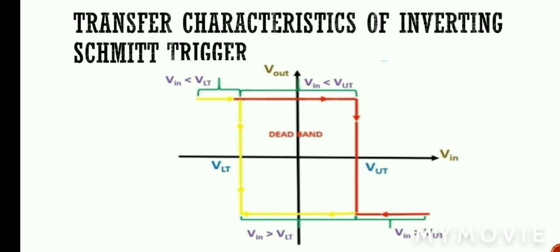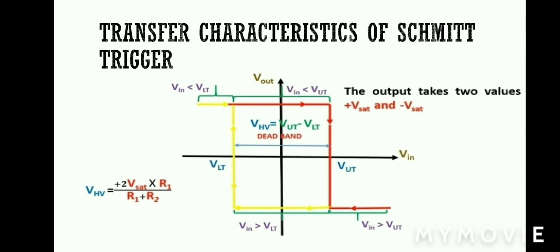The region between VLT and VUT is the dead band, and the voltage is called hysteresis voltage. Hysteresis voltage equals VUT minus VLT. If VUT and VLT values are put, then we get VH equals 2 Vsat into R1 by R1 plus R2.